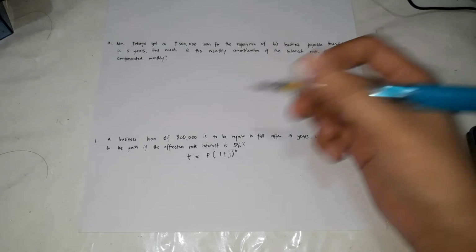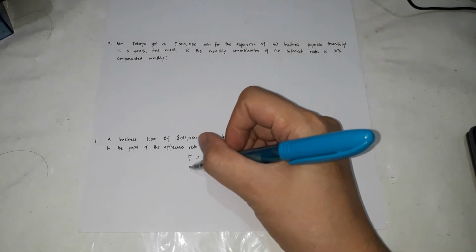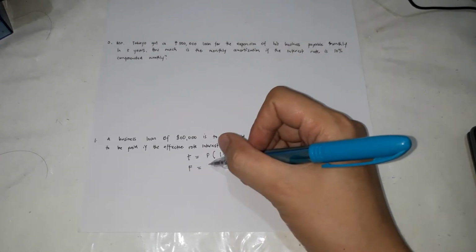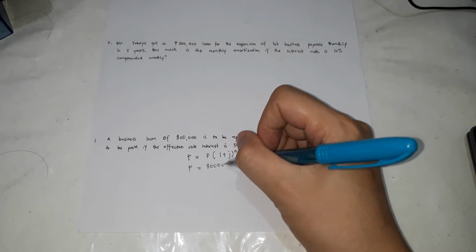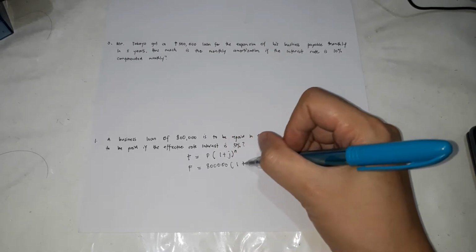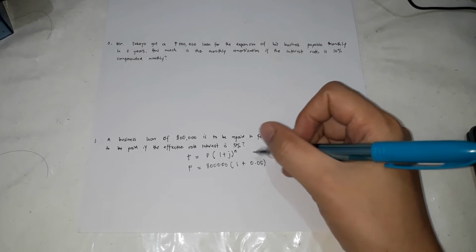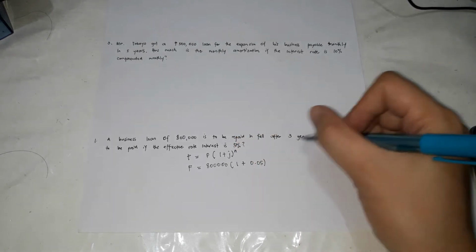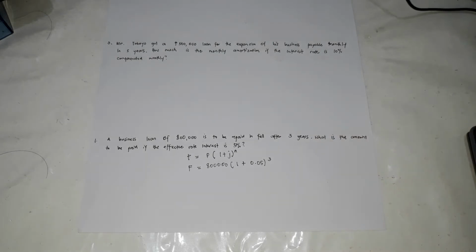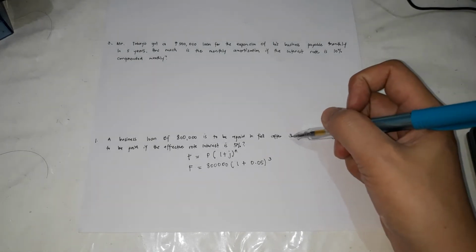So F here is what we are looking for. P is 800,000, j is 5%, so 0.05, raised to the power of n. How many years? That's 3, because this is annual, so 3 years.